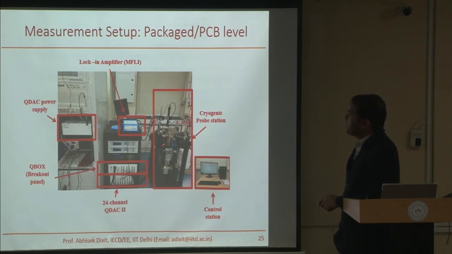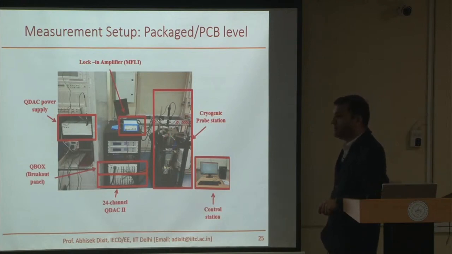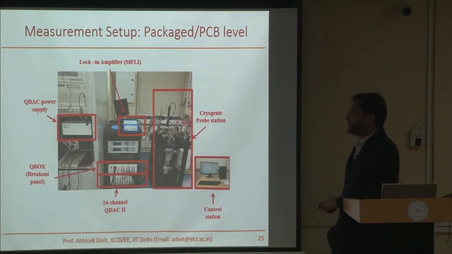And now what we have is what is called a QDAC, from a company, Quantum Machines, selling this DAC. This has 24 channels, and then there is a breakout box connected to the DAC. So 24 lines are traveling from here through a Fischer cable into this chamber.